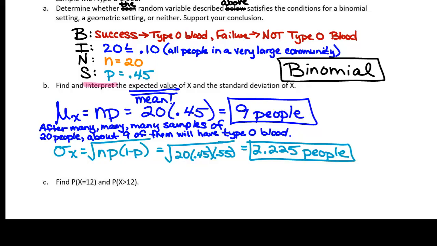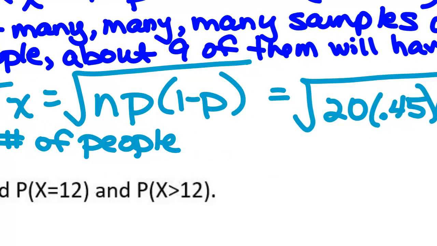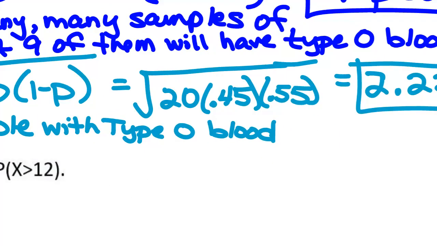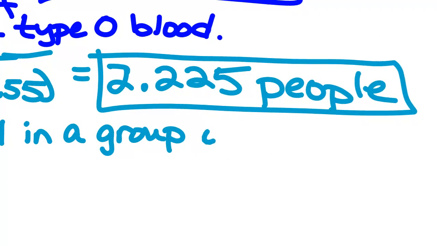All right. So what I would say for my interpretation here: the number of people with what quality? What people are we interested in here? With type O. Yes, the number of people with type O blood in a group of 20, because if I have a bigger group, I would expect there to be more variation.